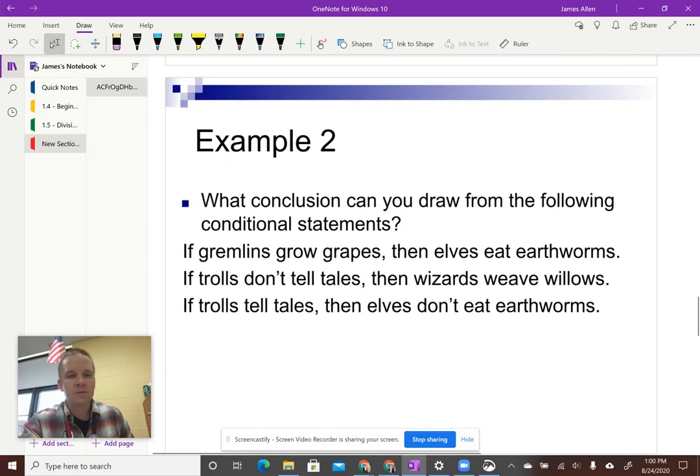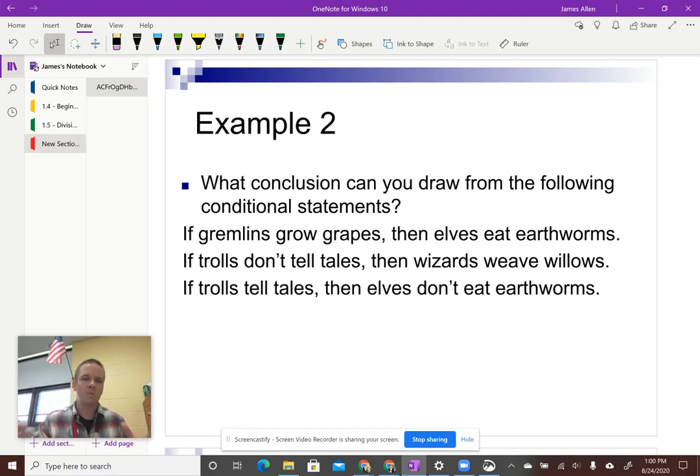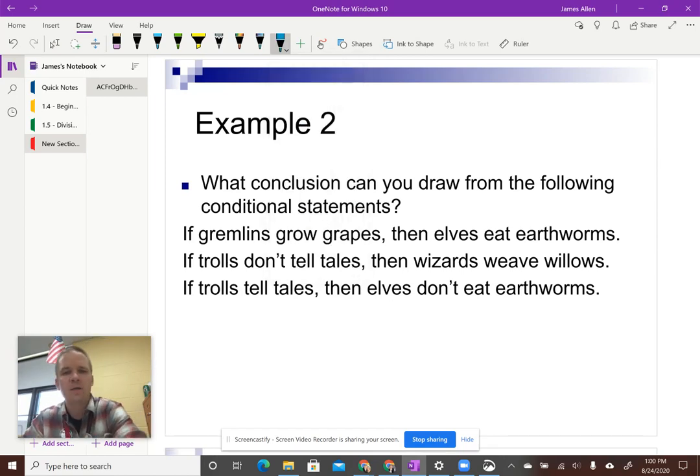So we're going to use that here in this weird example. This is what I was talking about where it gets weird. We're just trying to think in terms of logic here, so don't read too much into the weirdness. If gremlins grow grapes, then elves eat earthworms. If trolls don't tell tales, then wizards weave willows. And if trolls tell tales, then elves don't eat earthworms. What can we conclude?